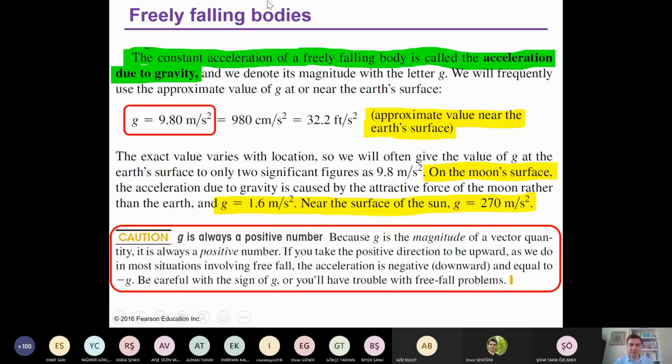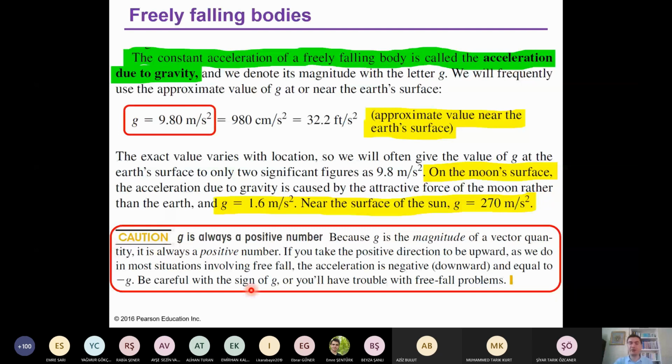Okay, then let me continue. As I have discussed on the whiteboard, if you take the positive direction to be upward, the acceleration is negative, downward, and equal to minus g. Be careful with the sign of g or you will have trouble with free fall problems. This is the caution from the book.